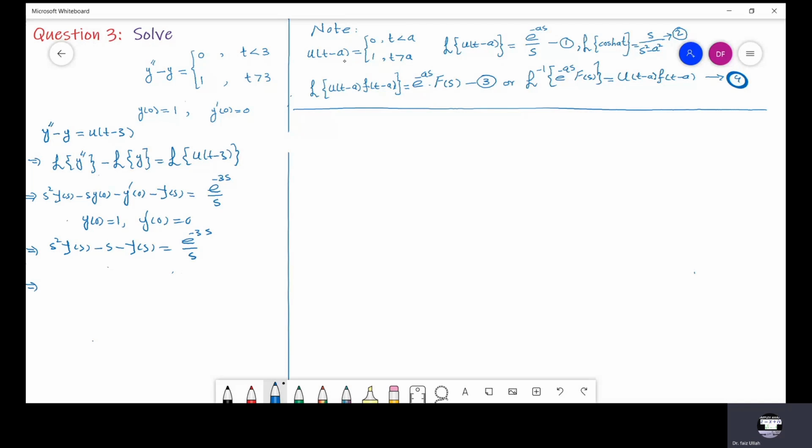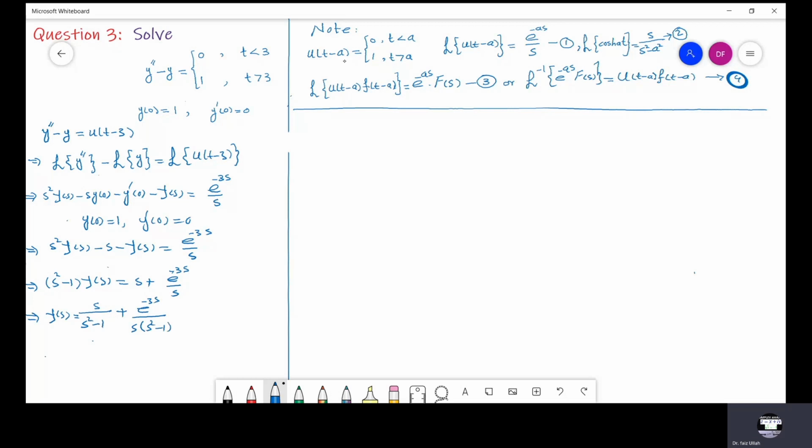Taking y of s as common, we have s square minus 1 times y of s, and transferring minus s to the right hand side, we have s plus e power minus 3s divided by s. Let us divide both sides by s square minus 1. We have y of s is equal to s divided by s square minus 1 plus e power minus 3s divided by s into s square minus 1.